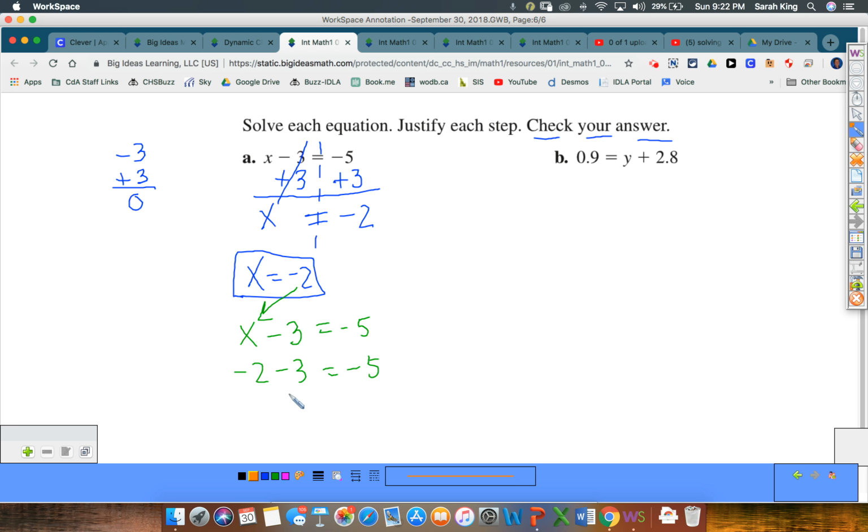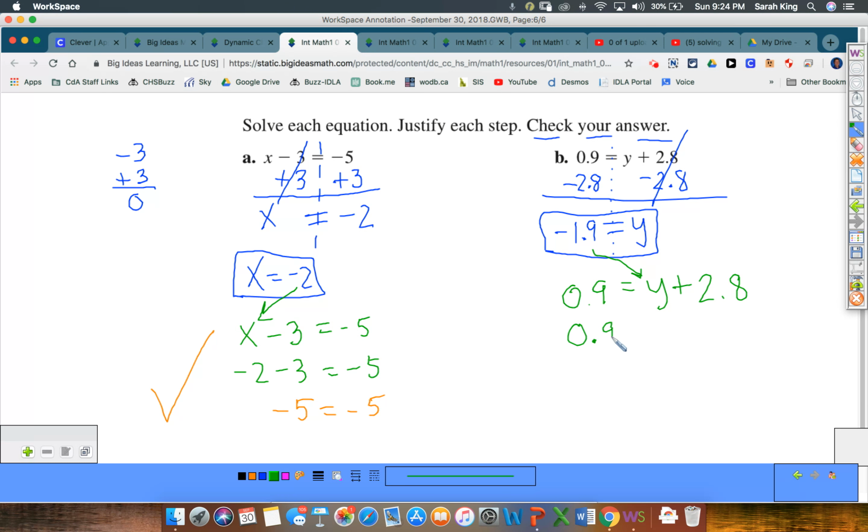Okay, so we have to check our answer. Put a box around it. That is our answer, but we want to make sure that it's actually correct. So we rewrite the original, 0.9 equals y plus 2.8. Then I plug this value into the y location. So 0.9 equals negative 1.9 plus 2.8.